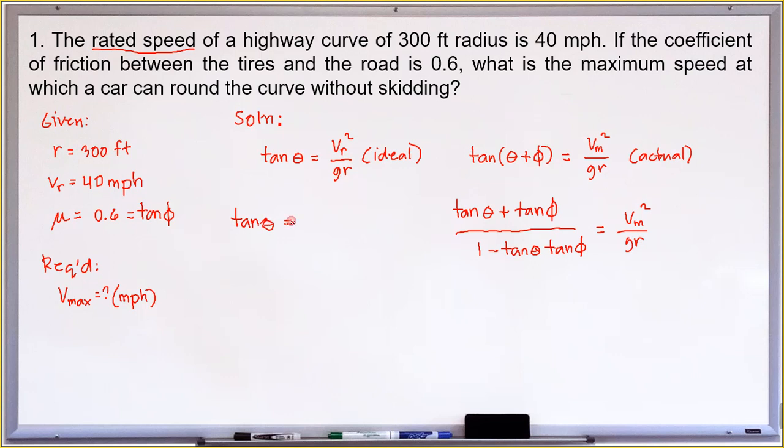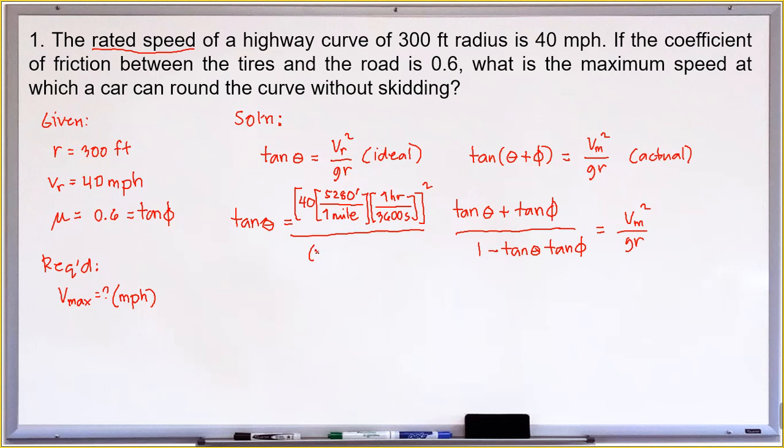Tangent of theta is equal to the VR squared over GR. So we have here 40 miles per hour. We need to convert this into feet per second. We have 1 mile, that is 5,280 feet, and 1 hour, that is equivalent to 3,600 seconds. This is squared.